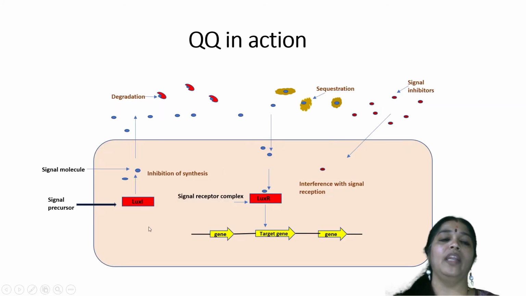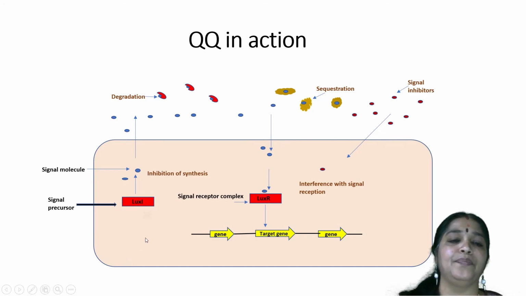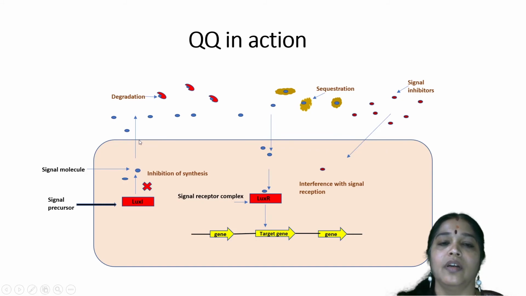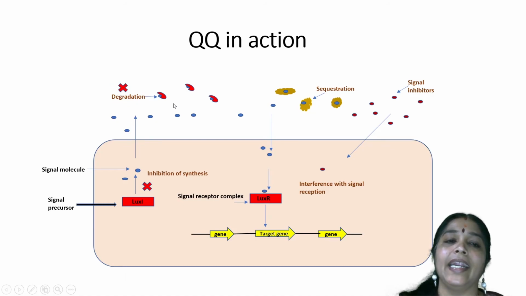Now the QQ in action, you can see here. This is basically the inhibition of the synthesis of the signal molecule. So here you can inhibit the signal precursor. When the signal precursor is inhibited, there is no synthesis of autoinducer, so they will not move out of the cell too. The next is you can go about with the degradation.